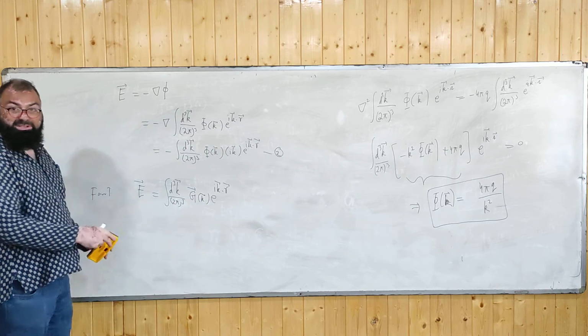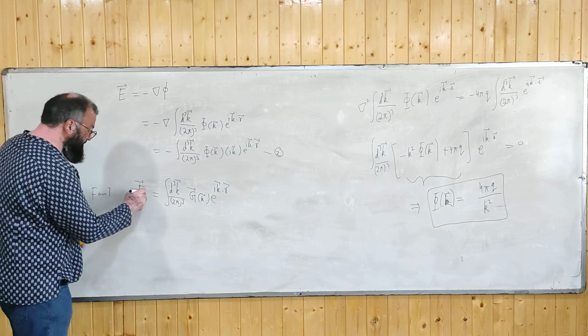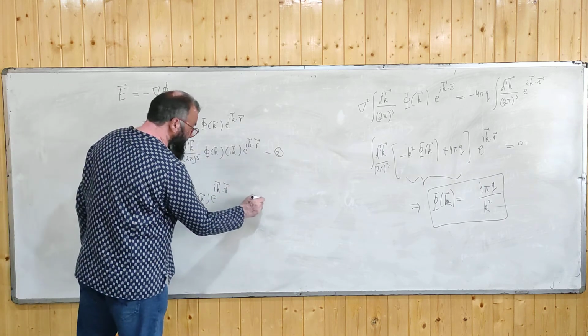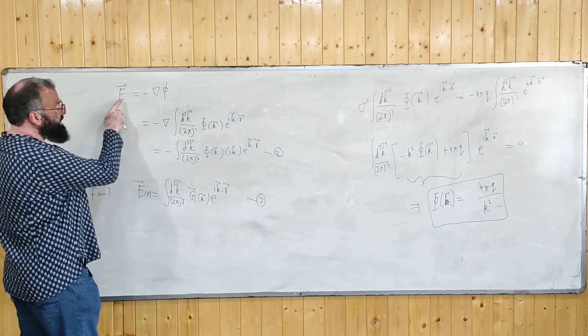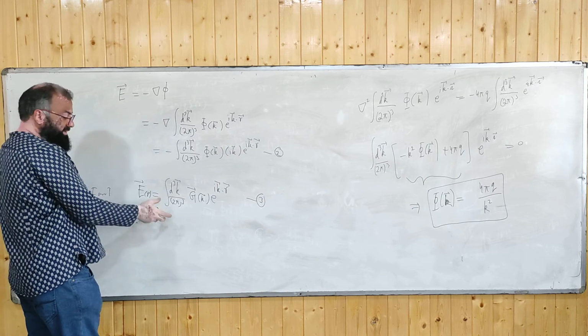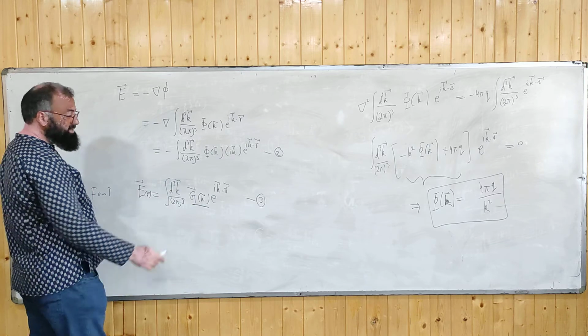This equation is simply the definition of the Fourier transform of the electric field. This is how we define the Fourier transform. Let's compare second and third. I have calculated the Fourier transform of E from the Fourier transform of the potential, but from the definition, this is the Fourier transform of E. Now let's check it.